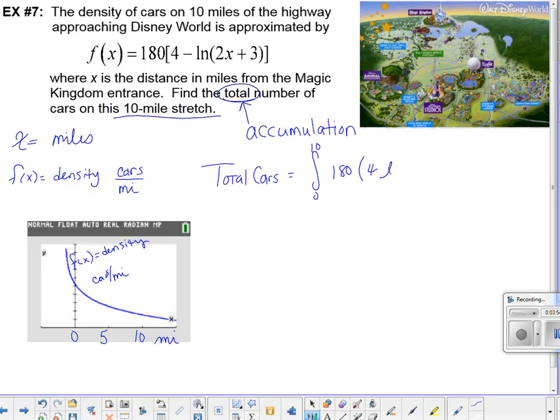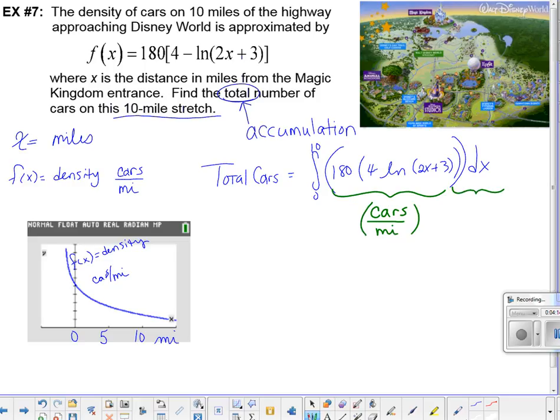The integral from 0 to 10 of 184 minus natural log of 2x plus 3, dx. What is it going to be calculating? Well, remember, this was the density function. So this is cars per mile. And dx, the differential of x, well, x was miles.